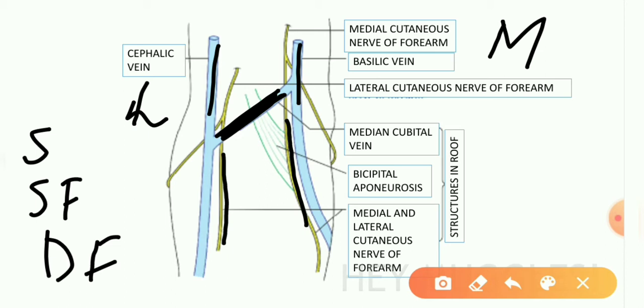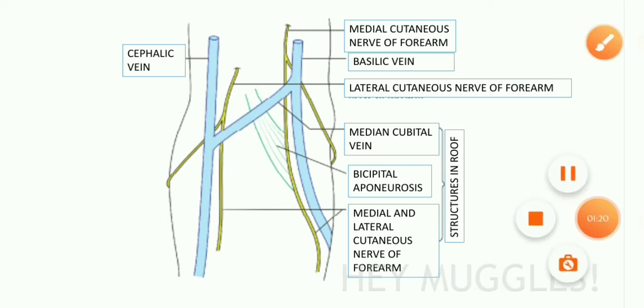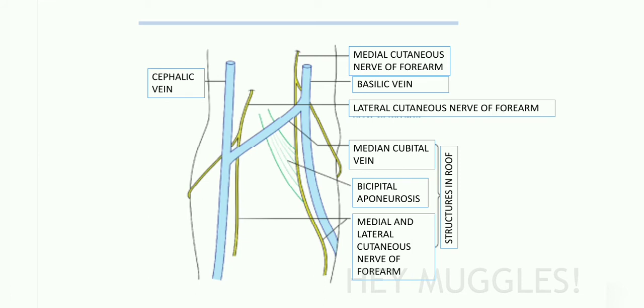Then we have deep fascia. The deep fascia is strengthened by bicipital aponeurosis. This is your bicipital aponeurosis. So the deep fascia is strengthened by bicipital aponeurosis. So what is bicipital aponeurosis?